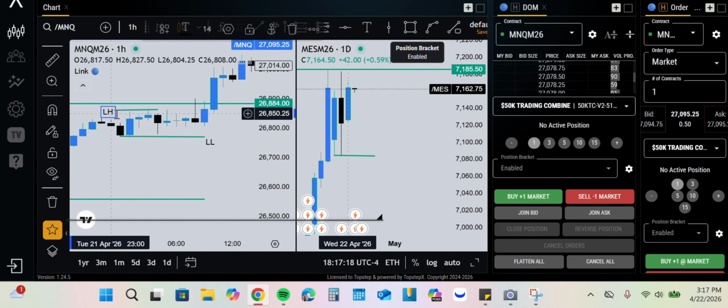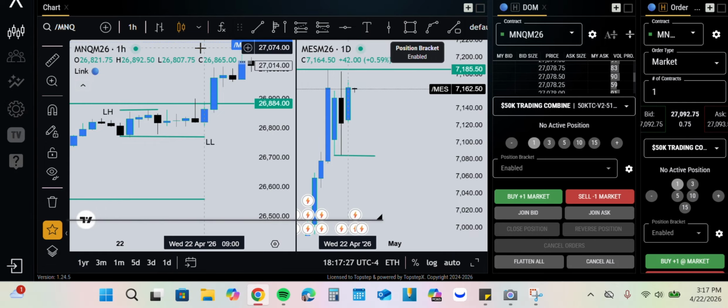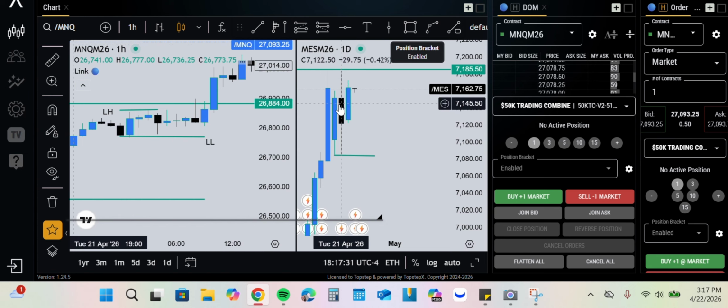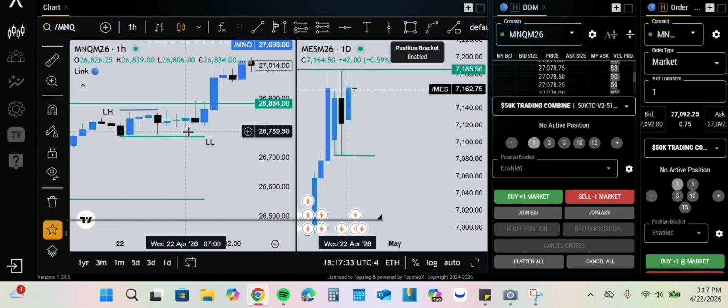Alright, the next session I'm going to mark out is Asia session. Now, Asia session, the reason I'm doing it for like 1 a.m., 6:30 a.m., this is for Pacific time when I trade, so it's going to be different from where you are.